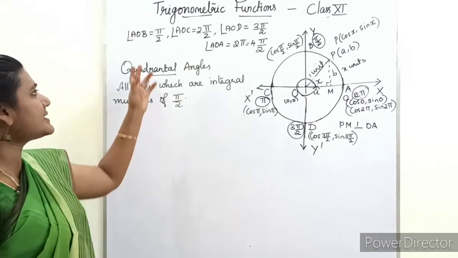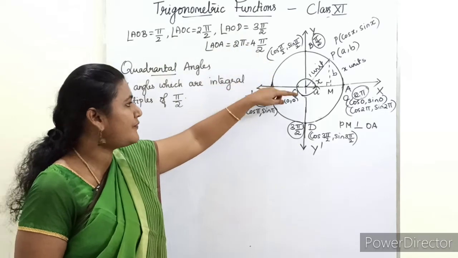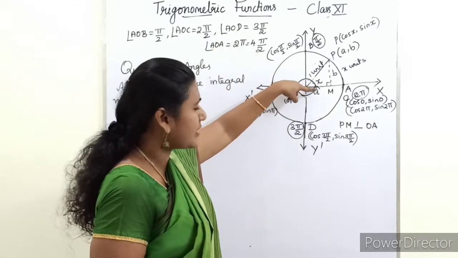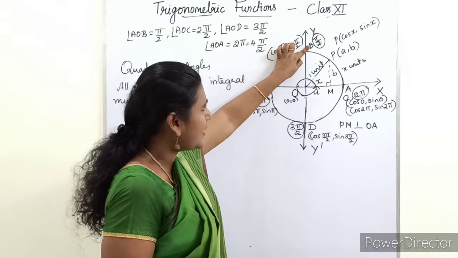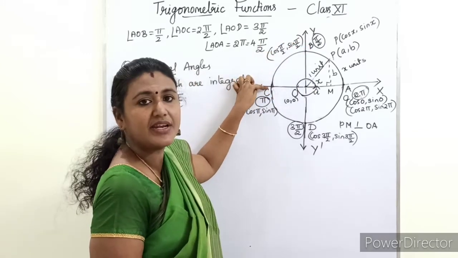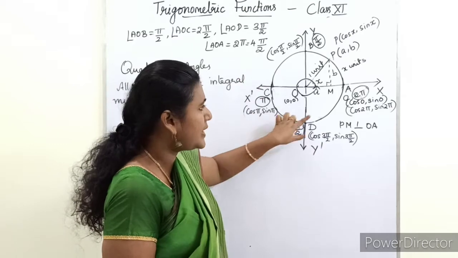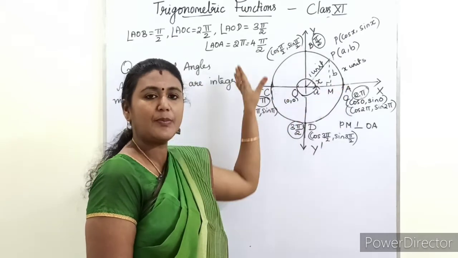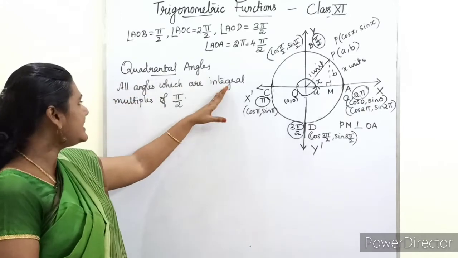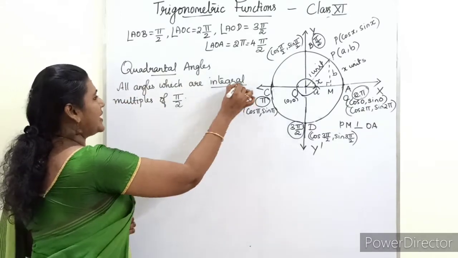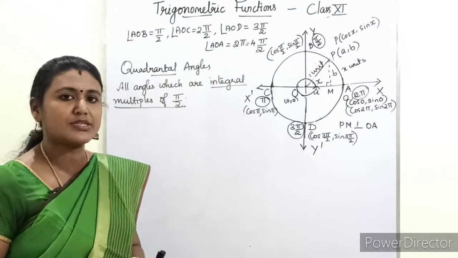So these angles are multiples of pi by 2. If it goes after one complete revolution, if it keeps going, we will get 5 pi by 2, 6 pi by 2, 7 pi by 2, 8 pi by 2. It will keep on going like this. So these angles, which are the integral multiples of pi by 2, are called quadrantal angles.